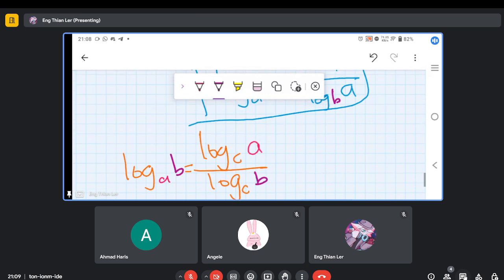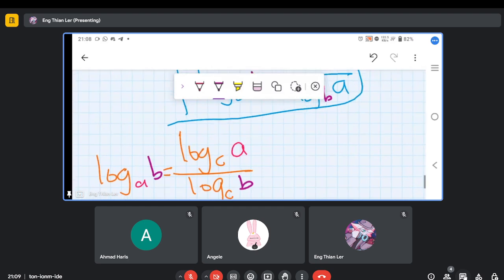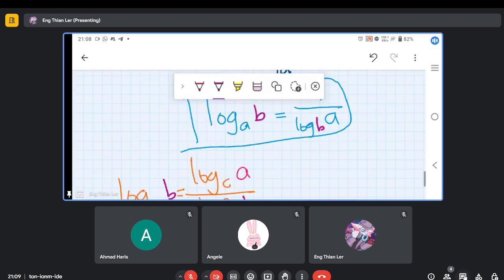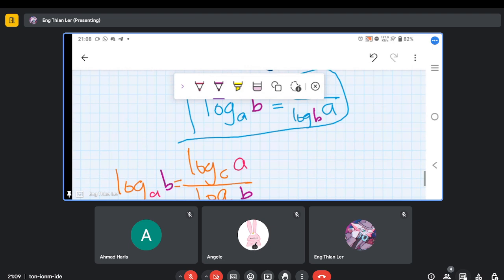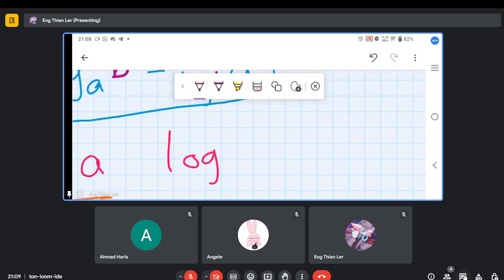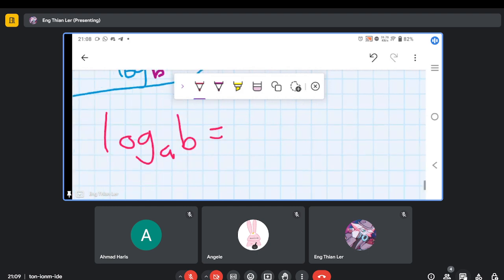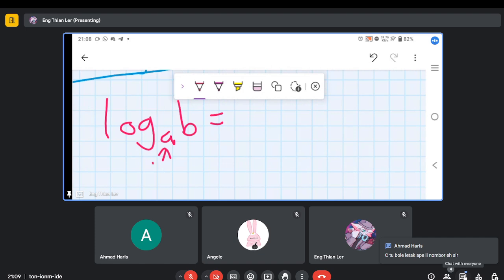And if we substitute the C into B, like I'm going to change the base to log B. This is log A. Okay. So now log A base B. Now I'm going to change the base A to base B. Understood? Okay.